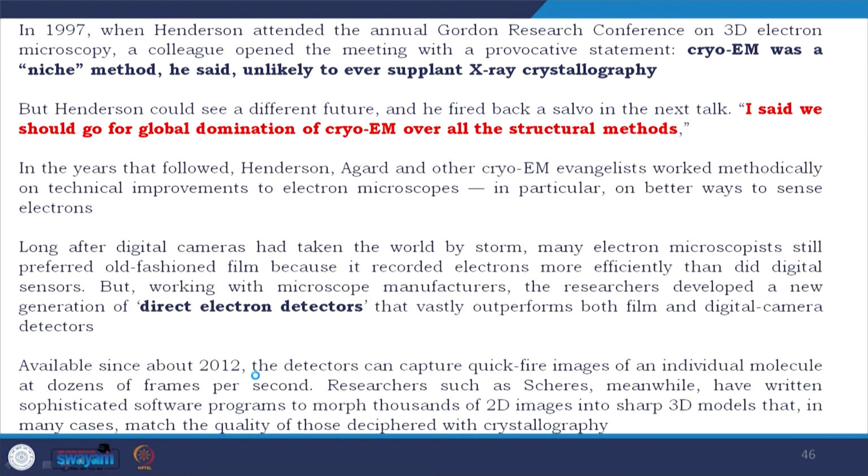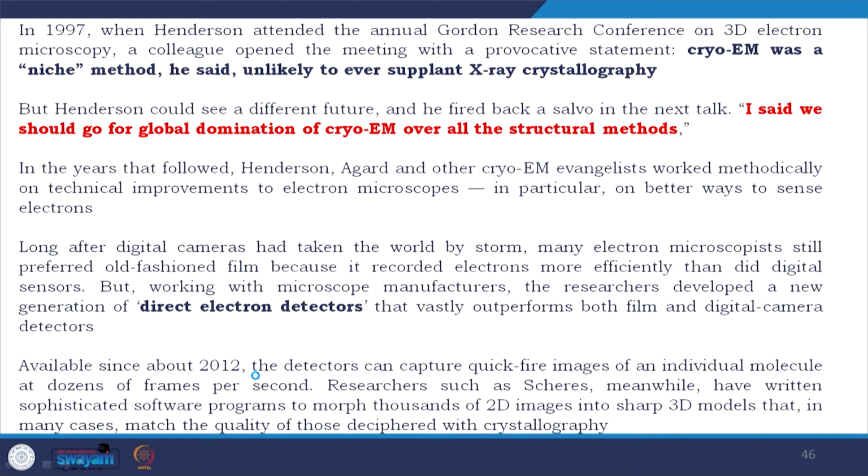In the years that followed, Henderson, Agard and other cryo-EM evangelists worked methodically, as we have already described in the history, on technical improvements on electron microscope, in particular on better ways to sense electrons. Long after digital cameras had taken the world by storm, the researchers developed a new generation of direct electron detector that vastly outperforms both the film and digital camera detectors.